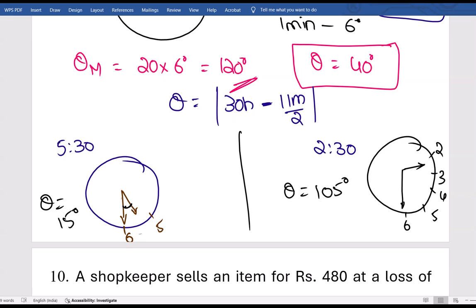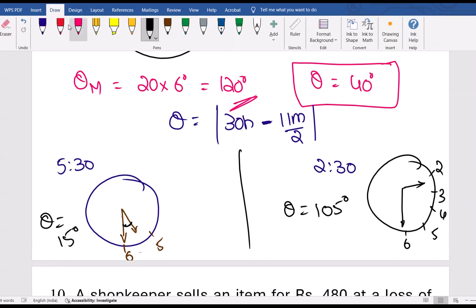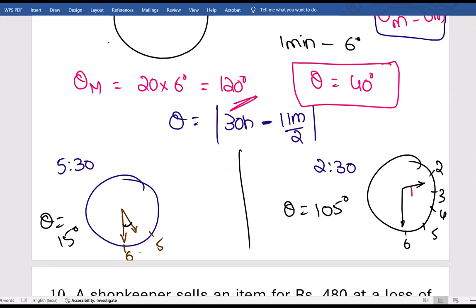But for 5:20 or 5:18, if they give something like that, it's difficult to analyze directly, so we recommend going with that process. Each minute how much? That is why we gave that idea, or else we can attack directly also. Each hour is 30 degrees, 3 to 4, 4 to 5, 5 to 6, 30, 30, 30 like that. Between 2 and 3 we got only 15 degrees.